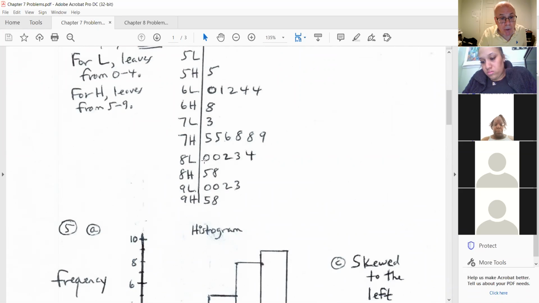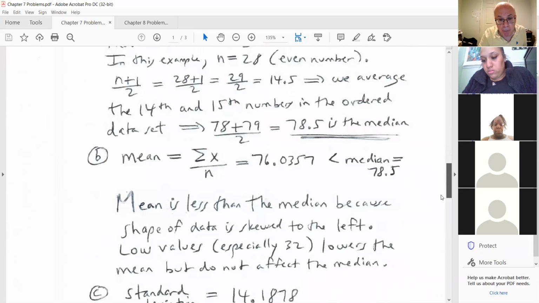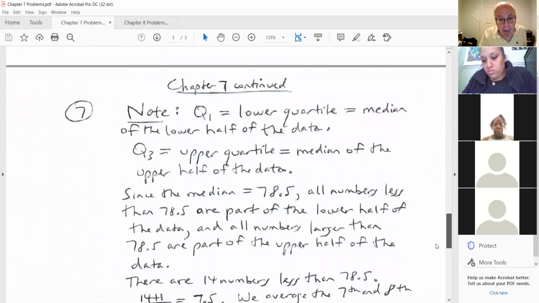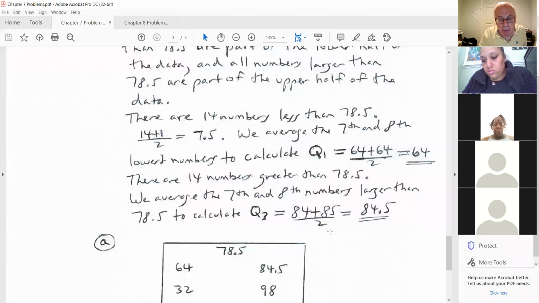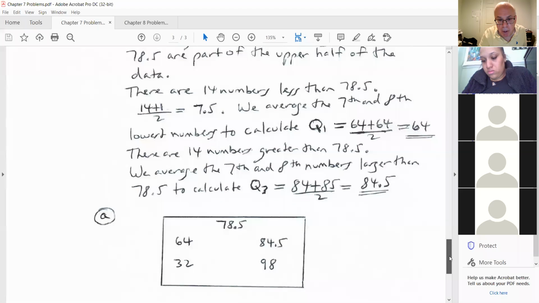It would be 1, 2, 3, 4, 5, 6, 7. It would be the average of 85 and 88 that would be the Q3. And again, I made the same error here for some reason. I don't understand why. That should come out to some number other than this, but you're averaging those two numbers.